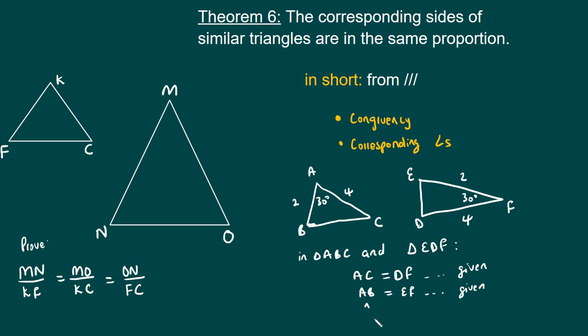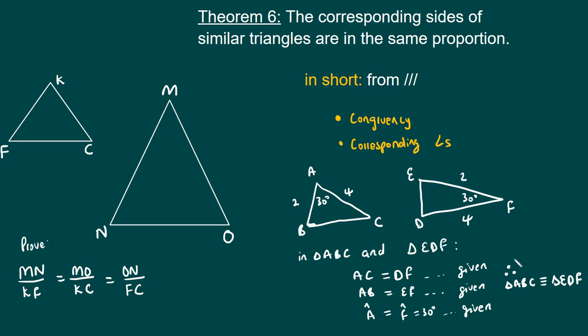And then angle A is equal to angle F. Both are equal to 30 degrees. It's also given. So because of this, we can then say, therefore, triangle ABC is congruent to triangle EDF. This is what we conclude.